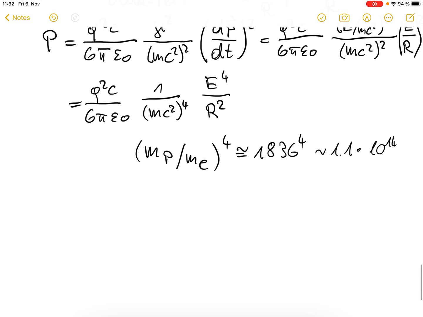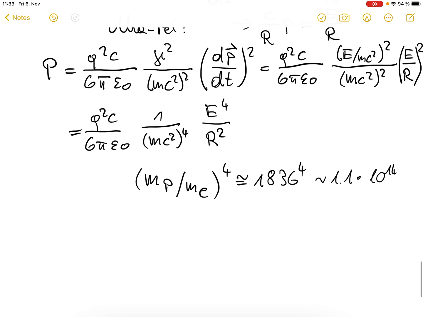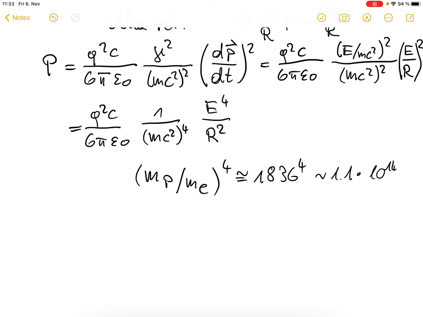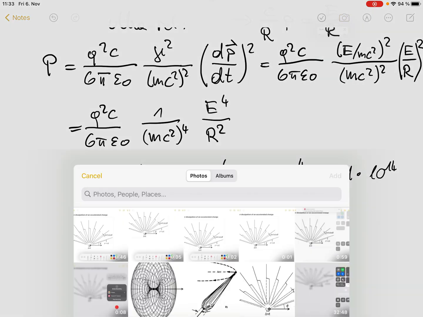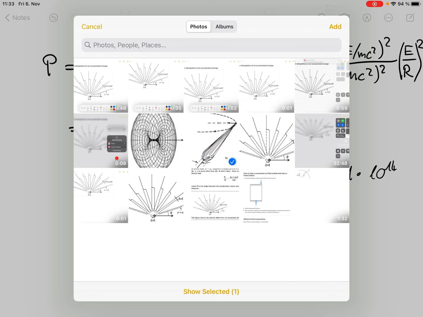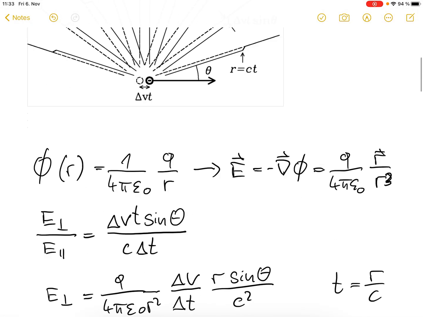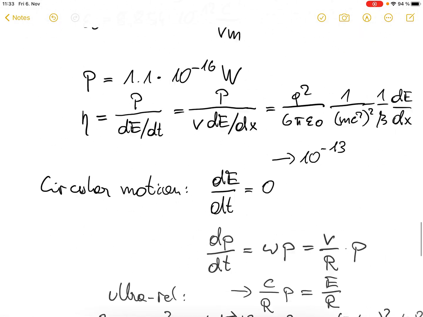Okay. One final thing. What is the shape of synchrotron radiation? We said it is a donut. However, the donut now needs to be Lorentz transformed. Let's look at this picture here. I hope it shows up.